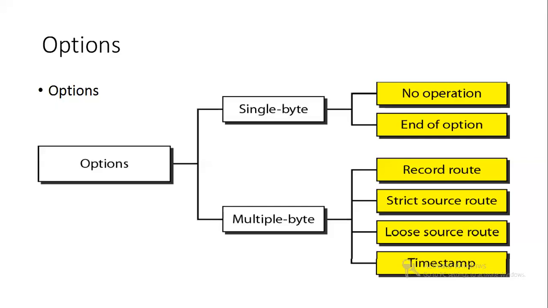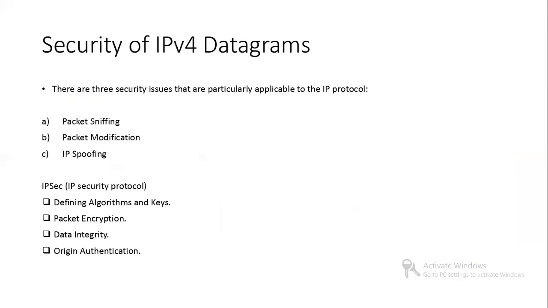We say estimate because although all routers may use universal time, their local clocks may not be synchronized. This is about the options.